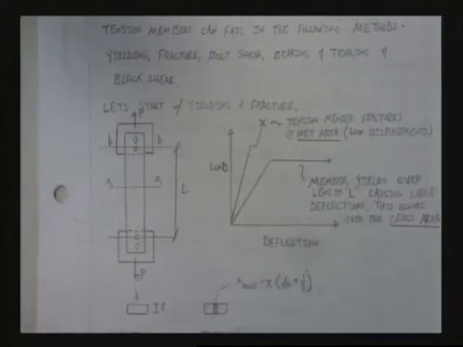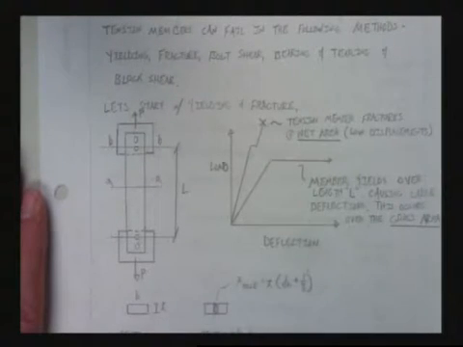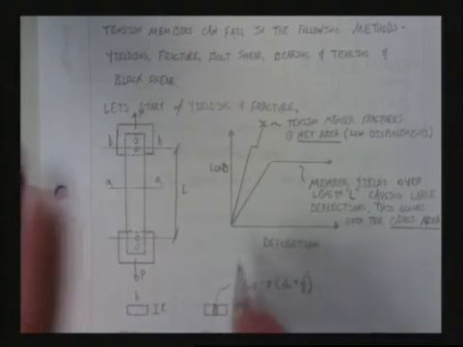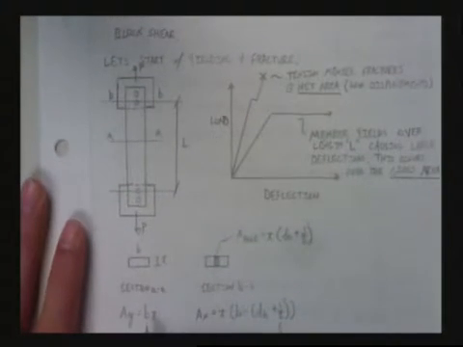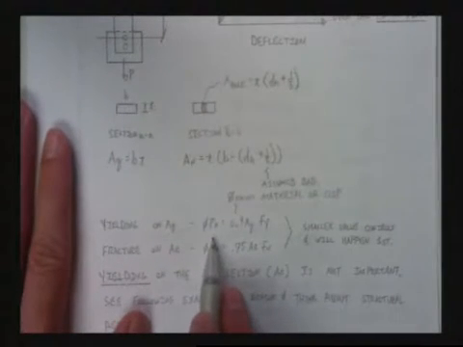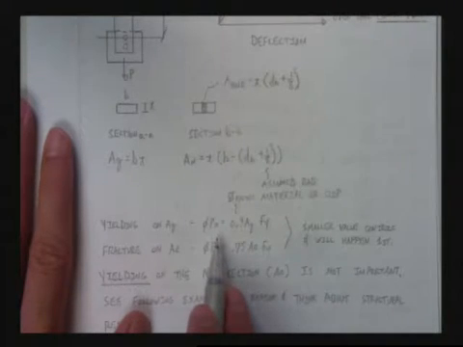And actually, first, if we just talk about the behavior, one reason why we do our checks differently is because the behavior is just fundamentally different, okay? When we talk about something yielding, the yielding calculation we use says something like phi-Pn. What does phi-Pn mean? Factored capacity, right?